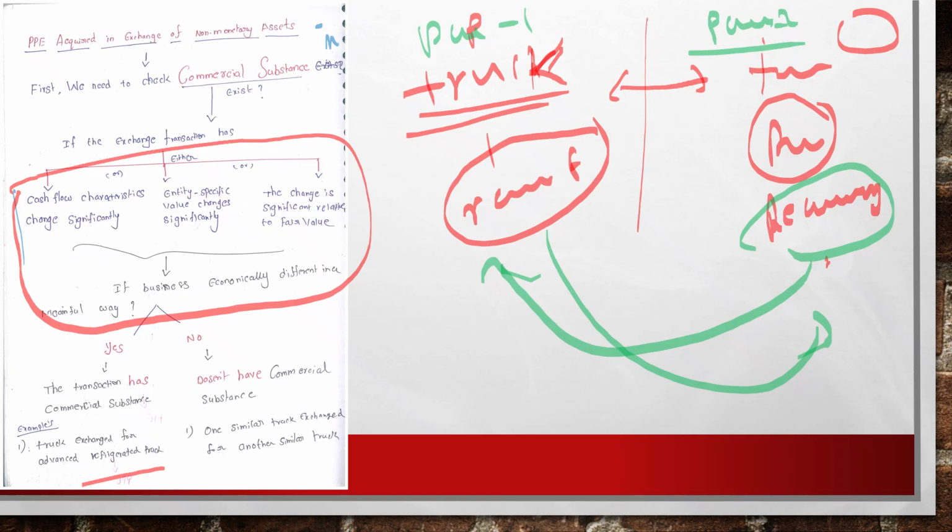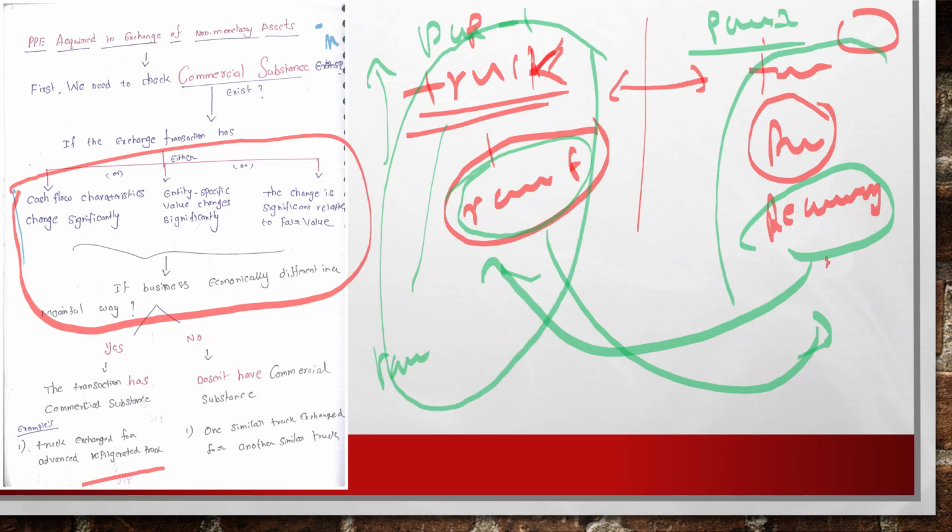Having the refrigerator with the truck changes the value of the food court business, right? So the economic transaction will change here, and for him also it will change. The specific value or the fair value is changing significantly. Then you can say this transaction has commercial substance.